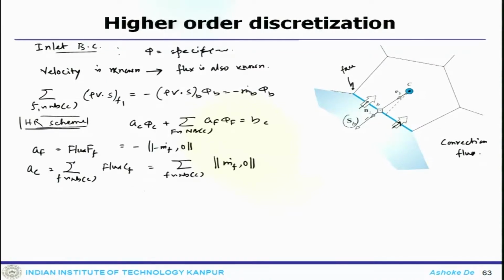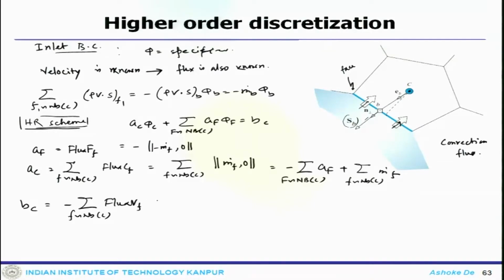Now, one can write minus capital F NBC A plus F m dot F, and then B C equals minus flux V F, which is m dot B phi B minus F n B C m dot B minus phi F HR minus phi F upwind.